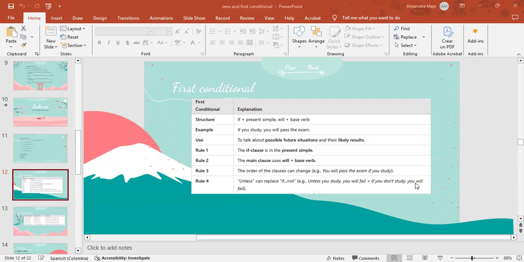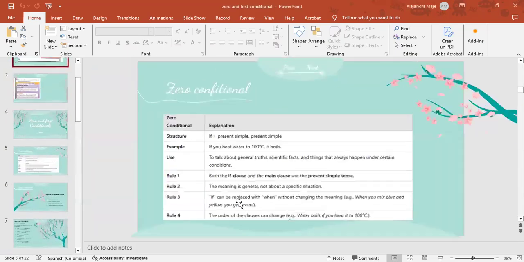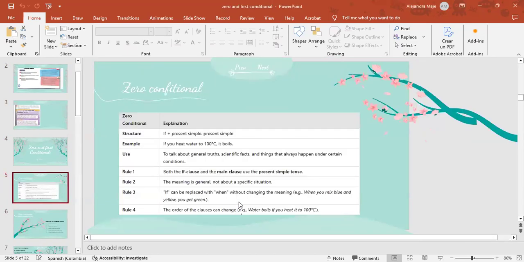Okay, Jonathan. We were talking about the last class topic. So we studied zero and first conditional, right? We use zero conditional to talk about general truths, scientific facts, and things that always happen under certain conditions.